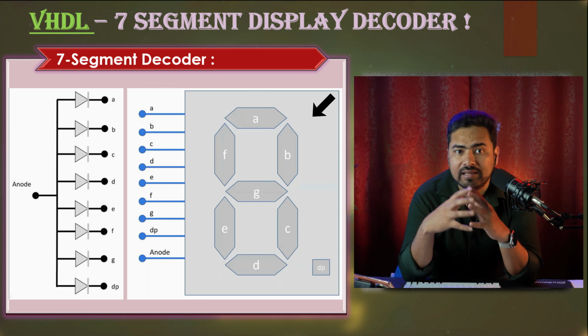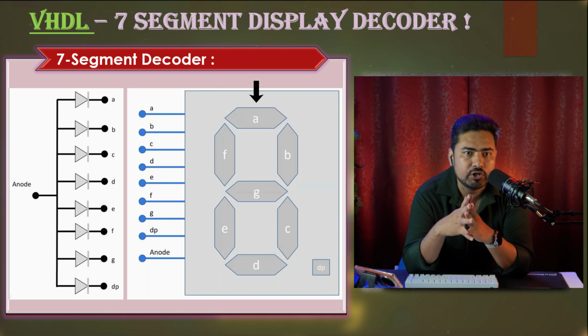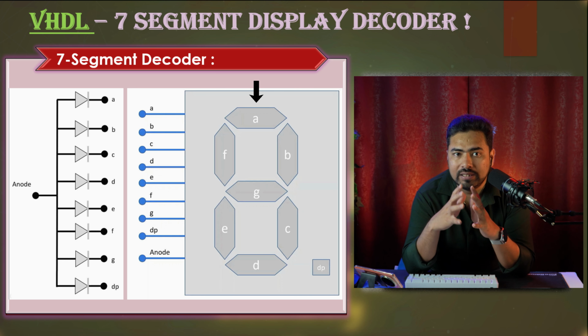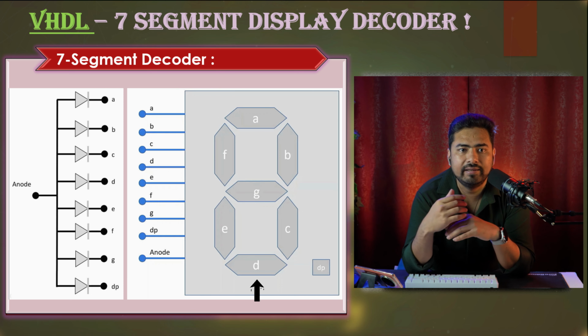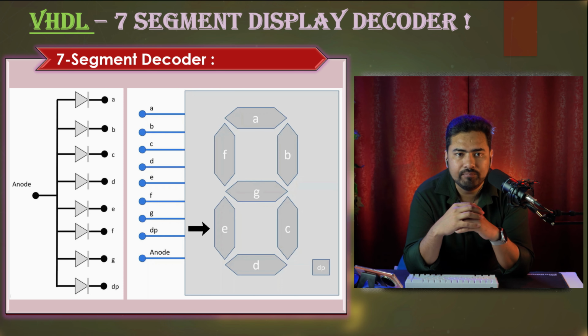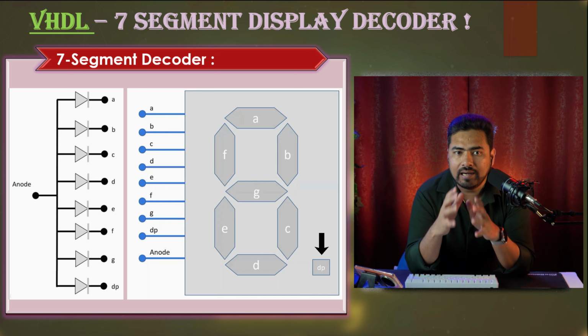Now you can see in this 7 segment display package that each LED label is placed here with its name. So this is LED A, this is LED B, this is LED C, this is LED D, this is LED E, this is LED F, and this is LED G. And last, this is the decimal LED.